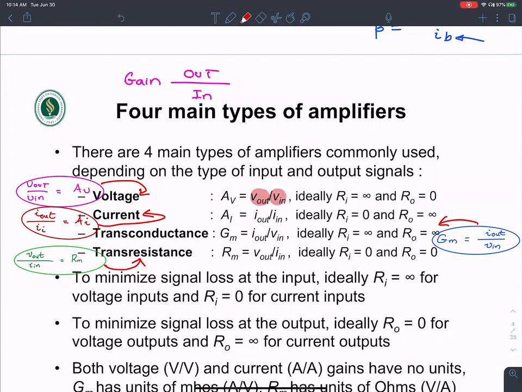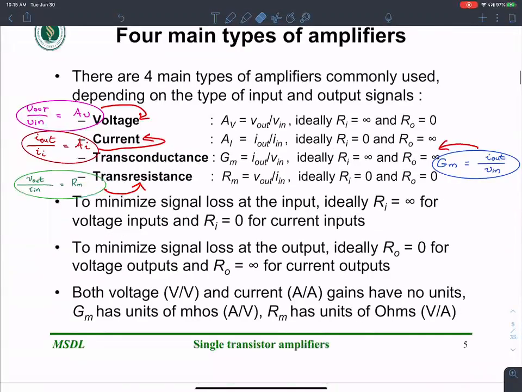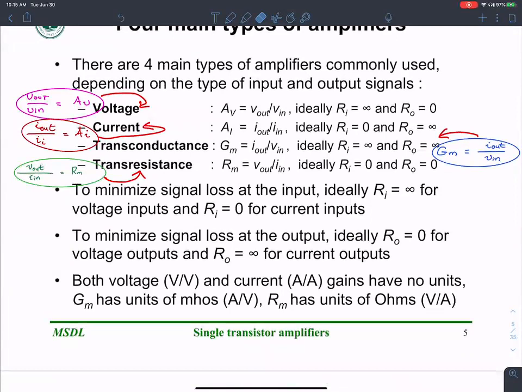If the input is a voltage, output is a voltage, I have a voltage amplifier. If the input is a current, output is a current, I have a current amplifier. Transconductance, transresistance amplifier, we looked at this in the last class. And in order to minimize the signal loss, there are different conditions. Anything in series should ideally be 0, anything in parallel should ideally be infinity, when it comes to the output side.